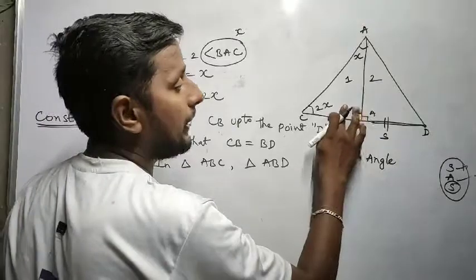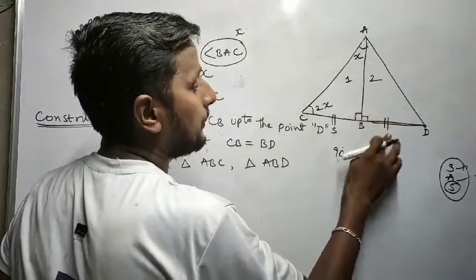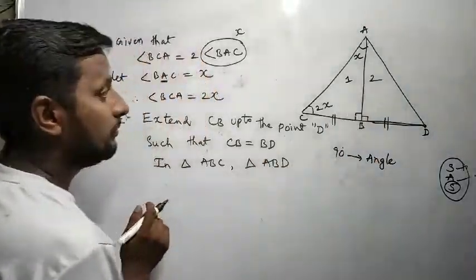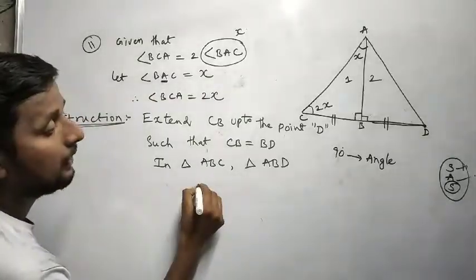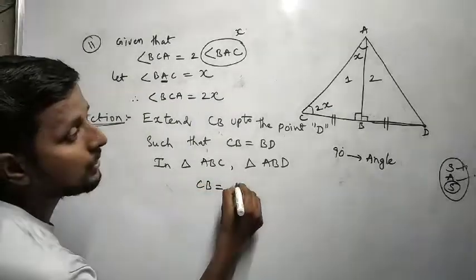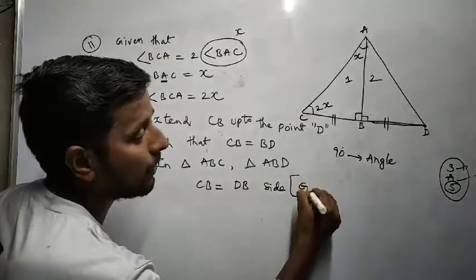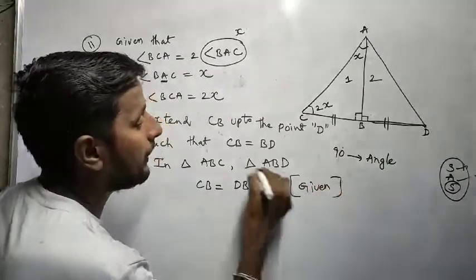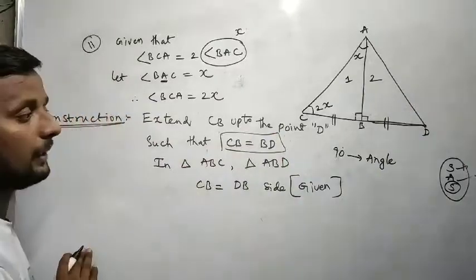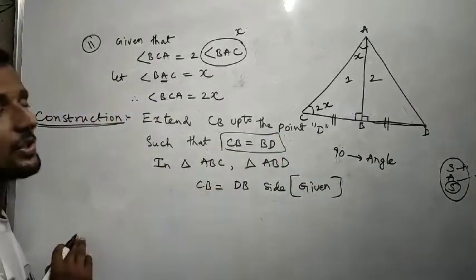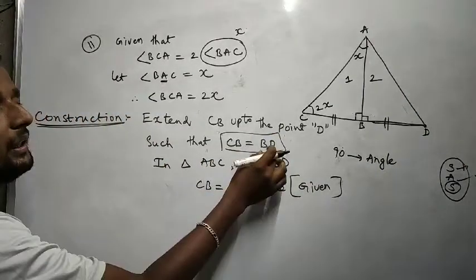Now I'll write. Just focus on it. I'll write CB is equal to DB. It is a side and it's already given, in the construction we know. CB, okay, DB is nothing but BD.